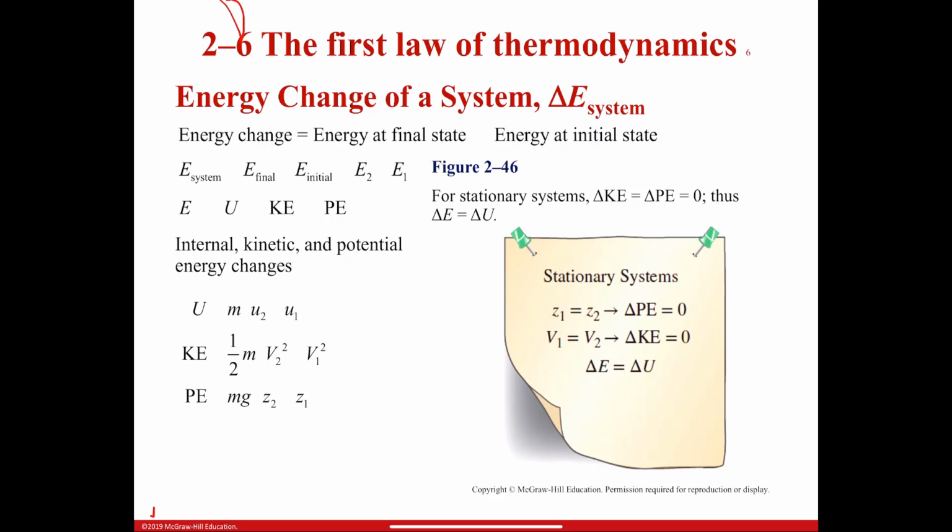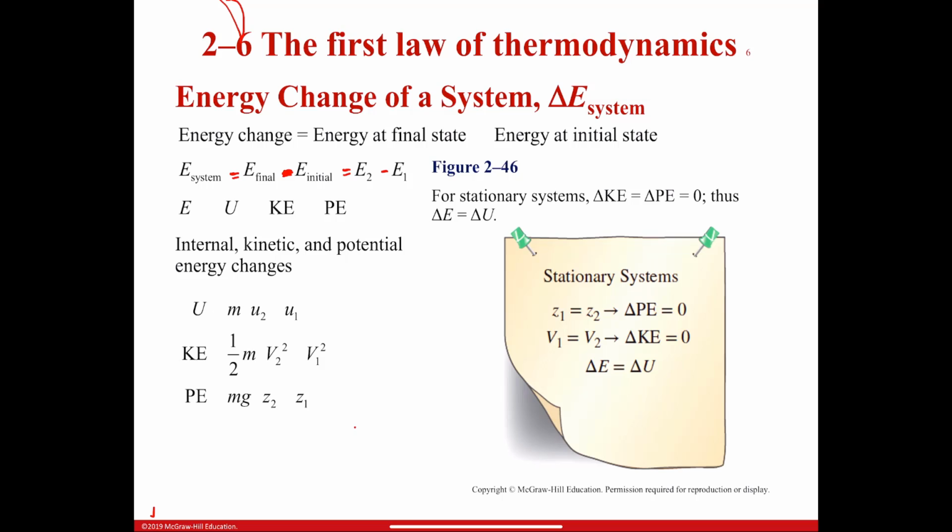But now we can also see it from another perspective and find the delta of the energy of the system as the energy I have at the end minus the energy I had at the beginning. And that will give me another formula. So the delta of the energy of the system will be equal to the final energy minus the initial energy, or E2 minus E1. That way you can find the energy.